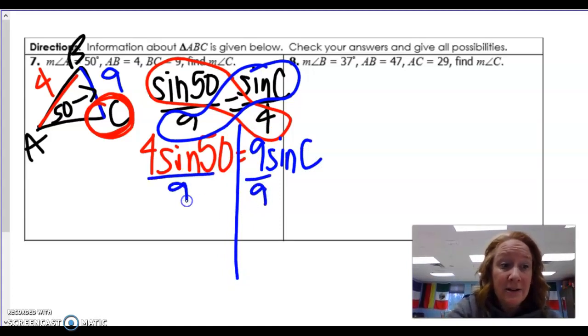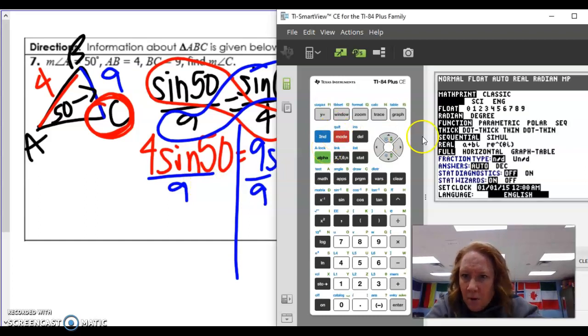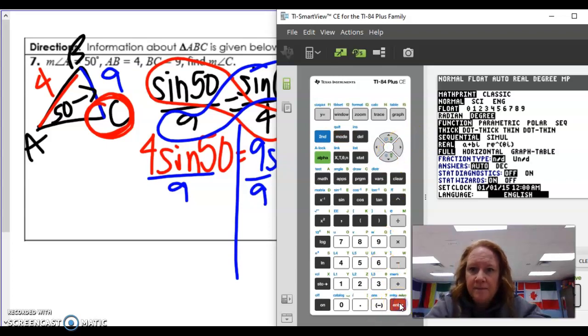Now I just grab my handy dandy calculator and do some number values. I better make sure I'm in degrees because I'm probably not. Mode, oof, I'm not in degrees. Go to degrees. Okay, we're working in degrees this week because it says degrees.